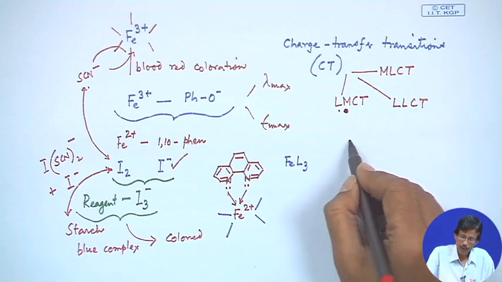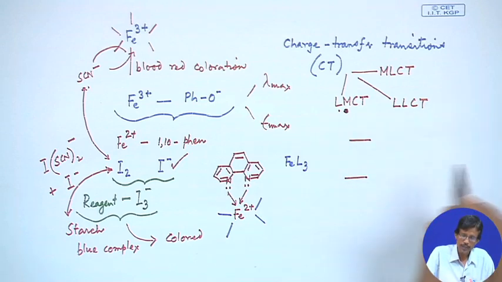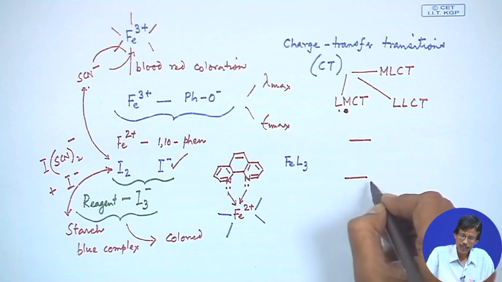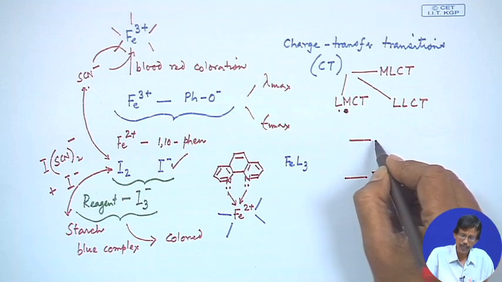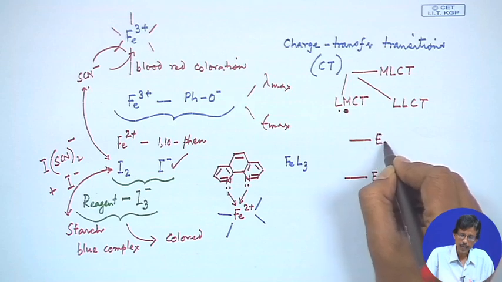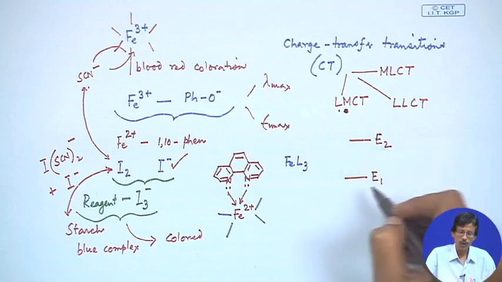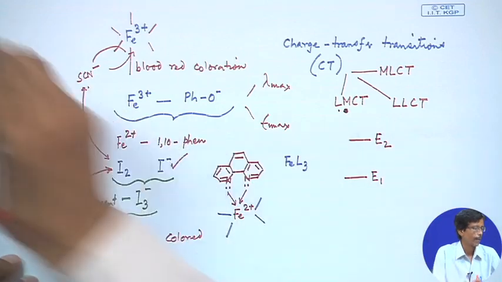So, assigning these two levels is always very important, whether you have a corresponding pi electron or any other electron, and whether we can have a charge transfer transition involving both metal as well as the ligand.